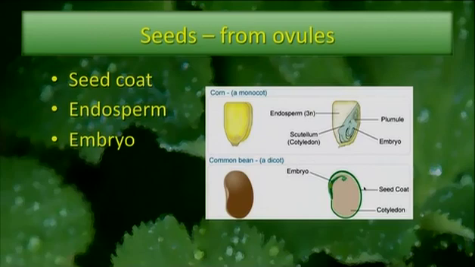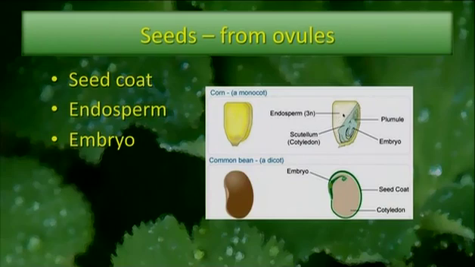The seed coat is the protective outer part of the seed. The endosperm is the food reserves, and the embryo, of course, is a little baby plant. So here we have this monocot fruit, this corn kernel, which is a fruit, and you have the endosperm.